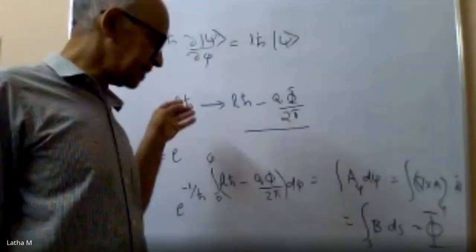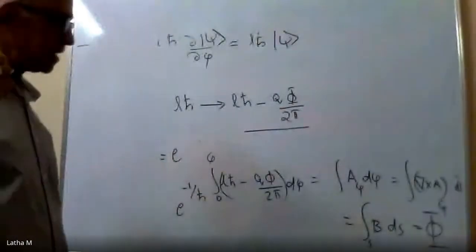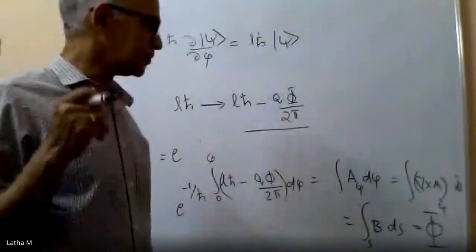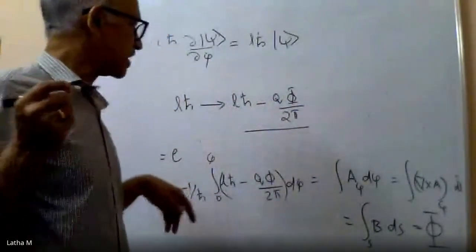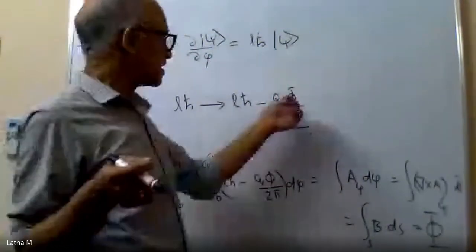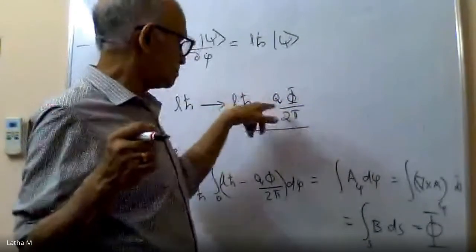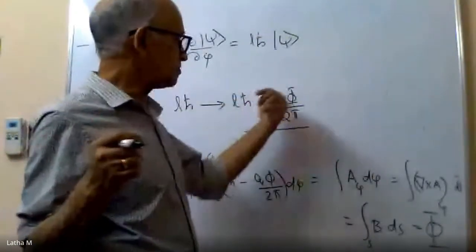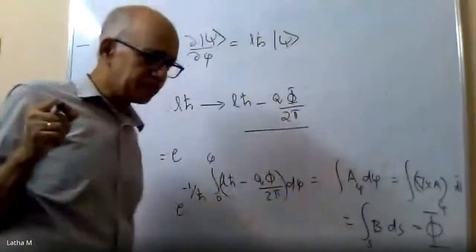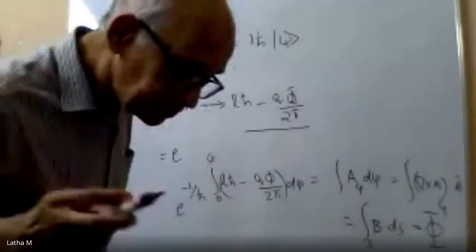In this case, there may not be a solenoid. We can shrink the solenoid so that it becomes a vortex line. There is no restriction on the dimension of the solenoid. We can shrink it to zero size so that it becomes a vortex. In this case also, there is a possibility of changing the angular momentum, depending on the magnetic flux through the solenoid. This type of particles are called anyons.